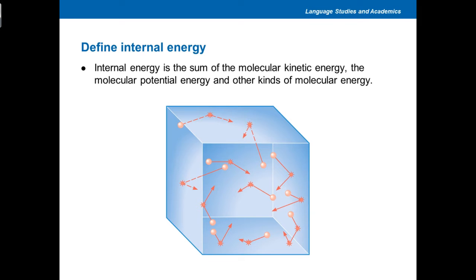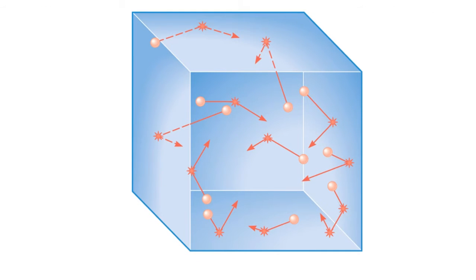Internal energy: as you can see in the diagram, we have a visual depiction of molecules, and these arrows represent the motion of the molecule, maybe bouncing off the side of the box and moving on. This type of motion represents kinetic energy, just like a ball being thrown, or anything with motion and mass.